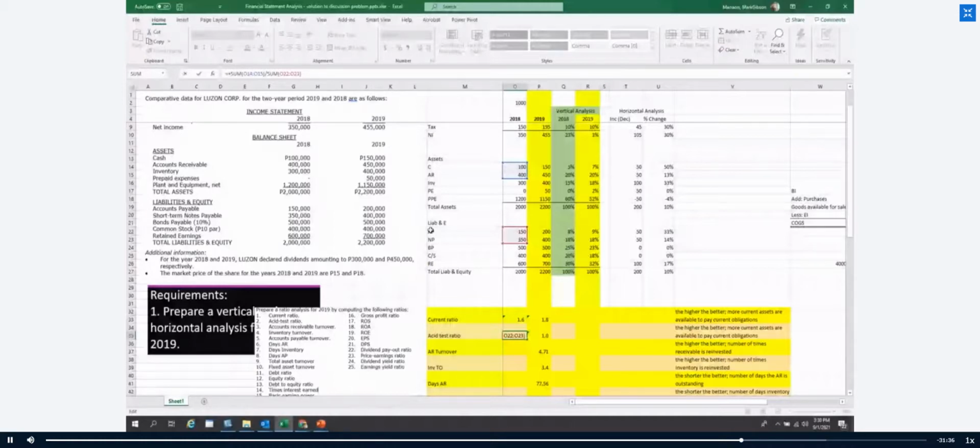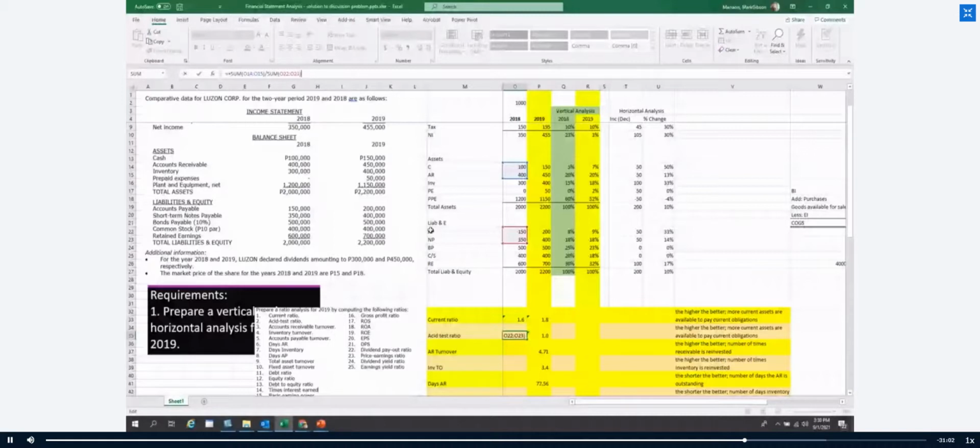while this is part of your current assets, it has to be sold first before you can convert it to cash. So in acid test ratio, it says here that the higher the better, and more current assets are available to pay current obligations, meaning you're assessing your liquid assets, meaning your cash or your cash equivalents, including your accounts receivable, because these are highly liquid assets.